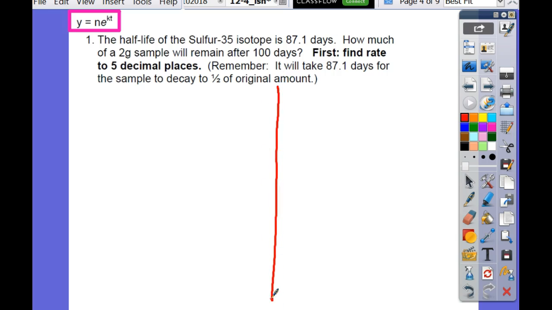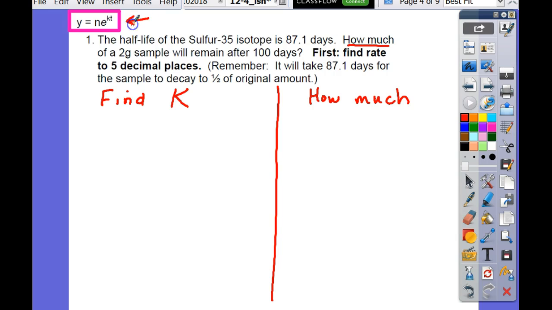The first part is to find K. K is a constant depending on the half-life of the substance. And then there's a second part. Then we can answer the question, how much? But we can't answer the question, how much, until we know what the constant K is.